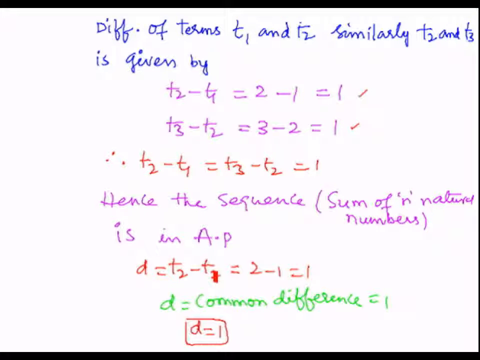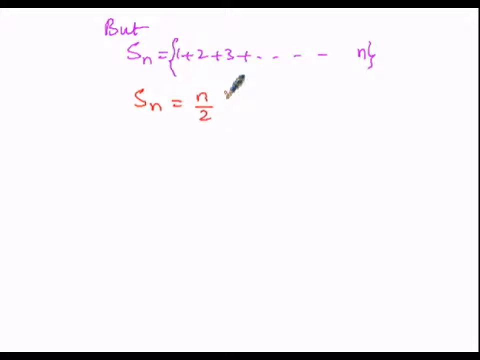Now since we are going to find Sn, as per the problem, Sn equals 1 plus 2 plus 3 and so on up to n. Let us find the sum of n terms. We know that the formula to find the sum of n terms is n by 2 into 2a plus n minus 1 into d.